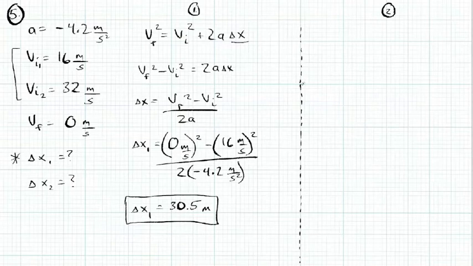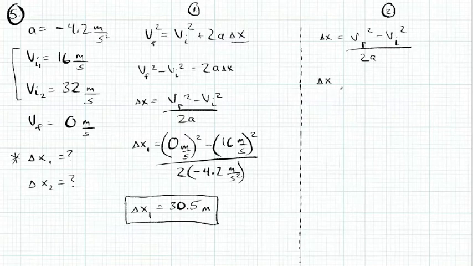Now let's do the exact same thing, but we're going to simply substitute vi1 with vi2, so scenario 2 here. Remember our delta x, change in displacement, is vf squared minus vi squared all over 2a.